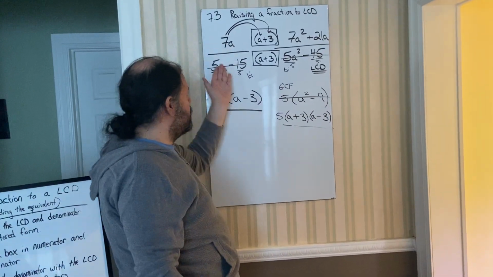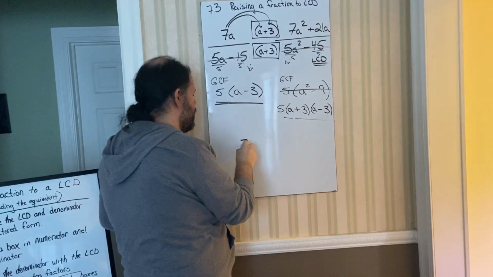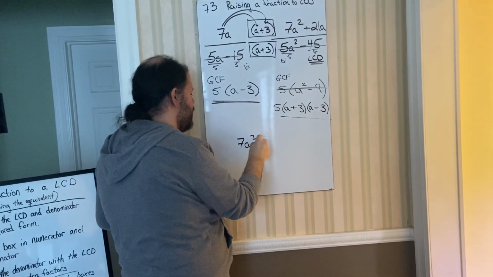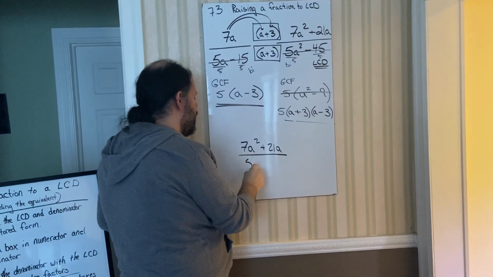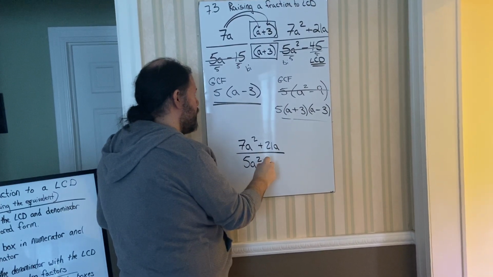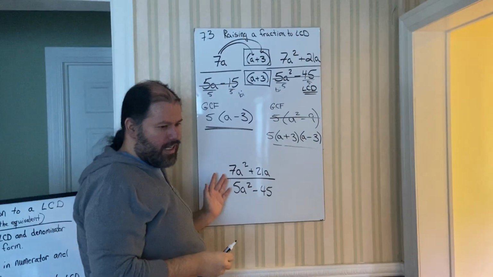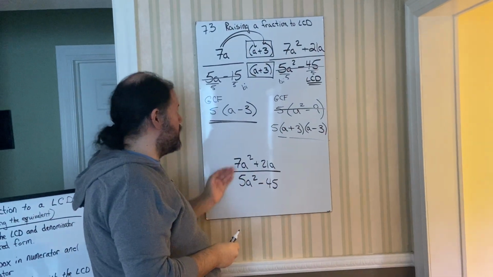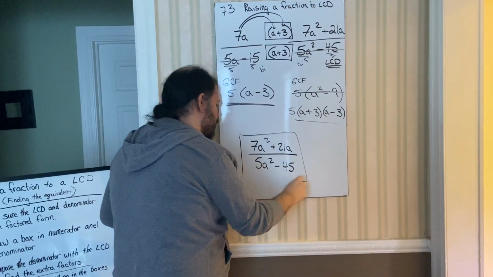So this is equivalent to this. Your final answer after raising would be 7a squared plus 21a over that LCD, the 5a squared minus 45. And if they asked you to add or subtract, we would use this fraction, not the original that they gave us. This would be your equivalent fraction.